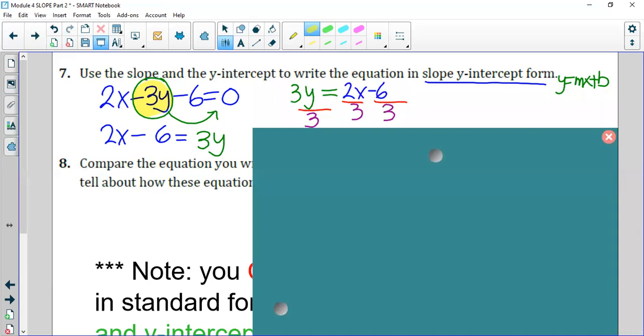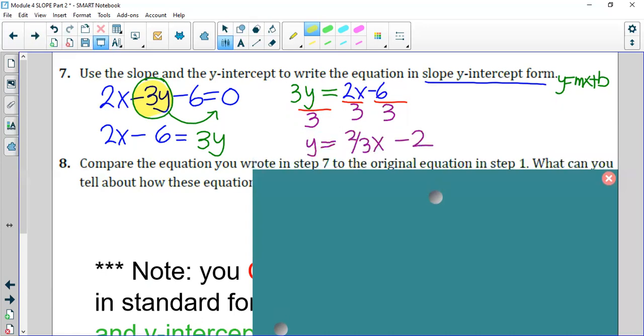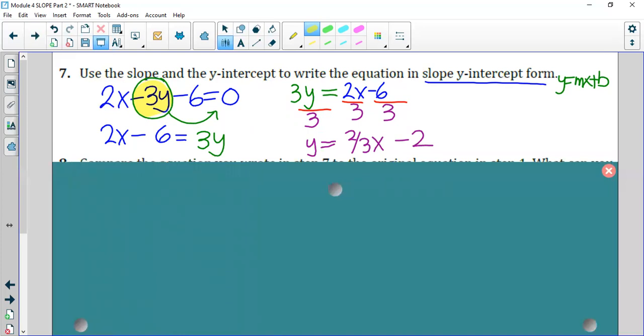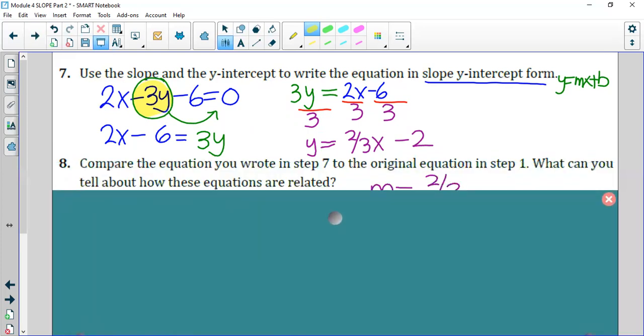Please don't confuse yourself by dividing 2x minus 6 by 3 in one over one. Think to yourself: 3y has to be divided by 3, 2x has to be divided by 3, negative 6 has to be divided by 3. And that gives me my final equation: y is equal to 2/3 x minus 2.